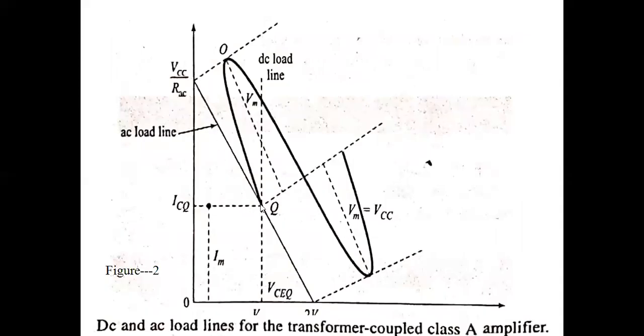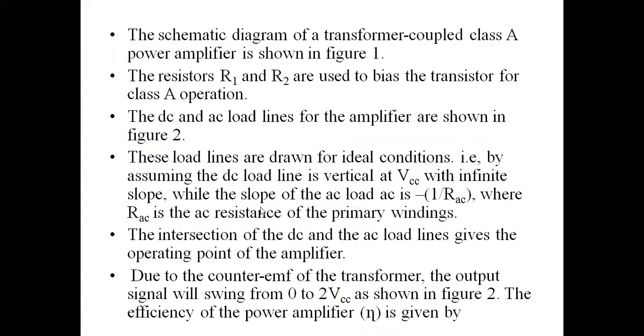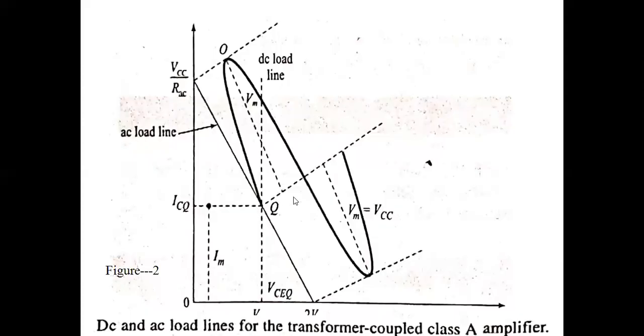The intersection of the DC and AC load lines gives the operating point Q of the amplifier, also called the stability point or quiescent point.